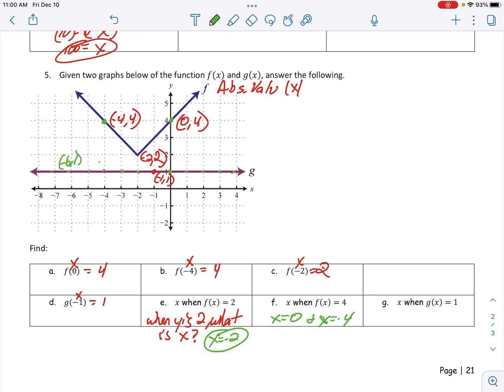Left and right, all those locations have a y value of 1. There is an infinite amount of possibilities. So what we can say is negative infinity to positive infinity, or we could also just say all real numbers. It means every number in existence is going to be an x value in order to get a y value of 1.